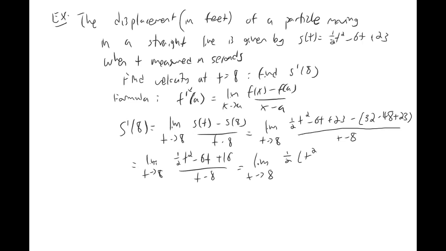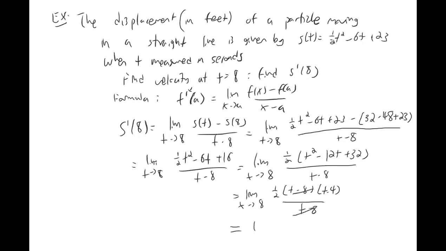You get t squared minus 12t plus 32 over t minus 8, which is 1/2 times t minus 4 times t minus 8 over t minus 8. As t goes to 8, this is 1/2 t minus 4, which is 2.